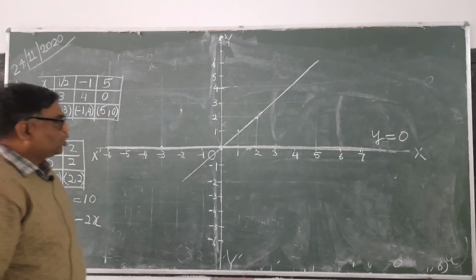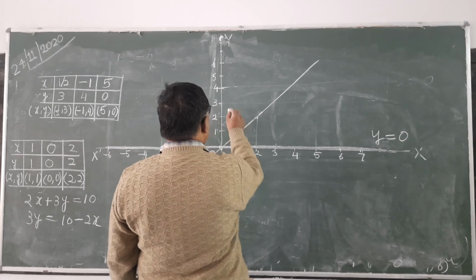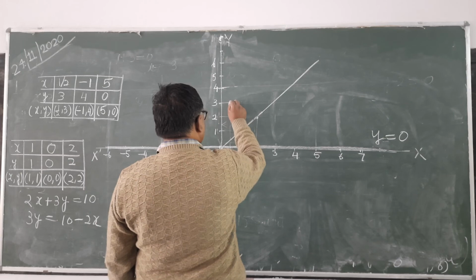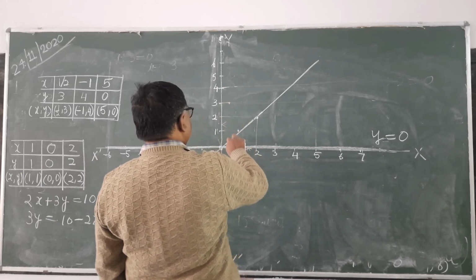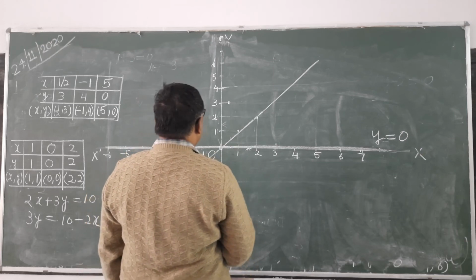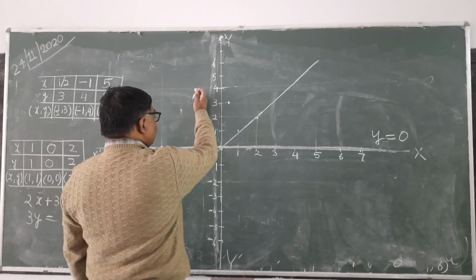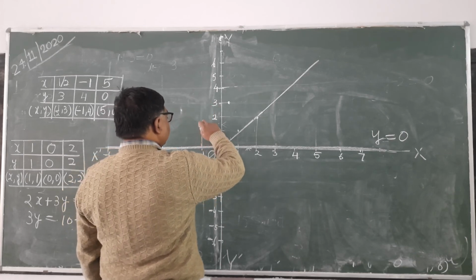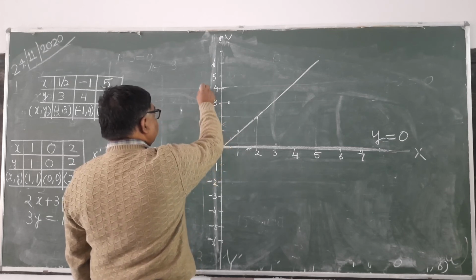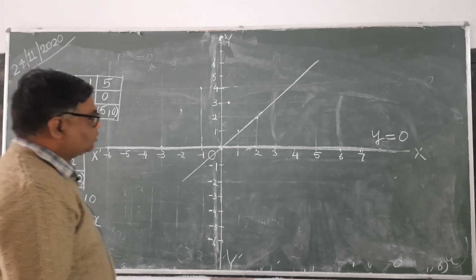You plot these points. 1 by 2 comma 3. 1 by 2 with this comma 3 means it will be somewhere here. This point. That's clear? Then minus 1 comma 4 and 5 comma 0.